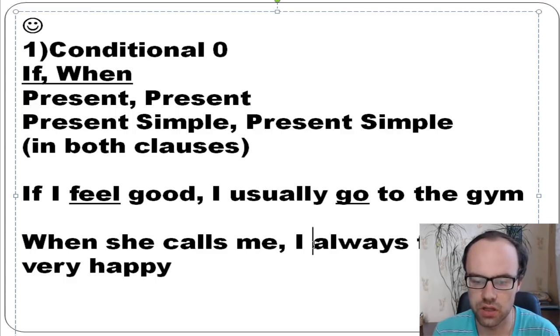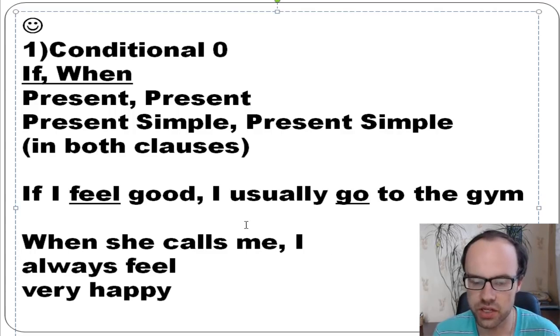Look, one more example, the second one. So when she calls me, I always feel very happy. So it's present simple again. But please, many students make a very common mistake.